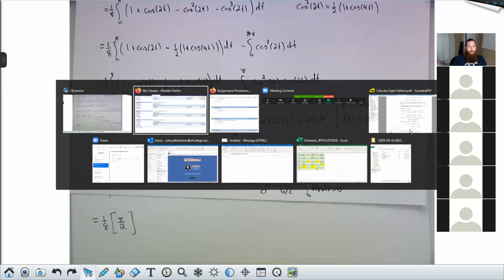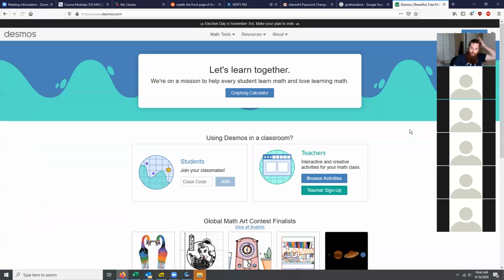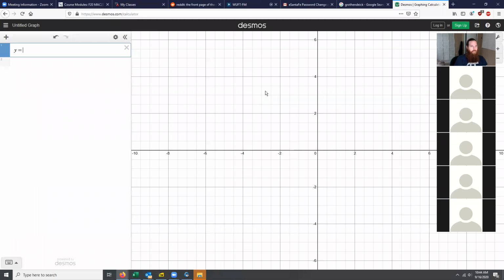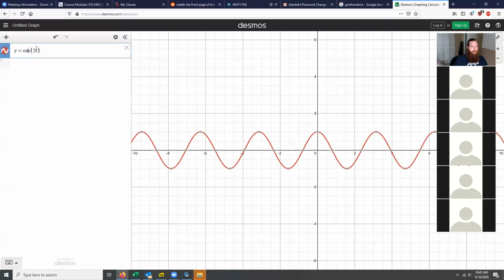Another way to see that, and again, I don't necessarily expect you guys to be able to picture this in your head right away. Not cos squared, cos cubed. Oh, that's right, Desmos doesn't like that. So here's cos 2t.